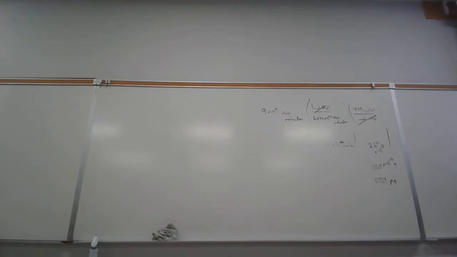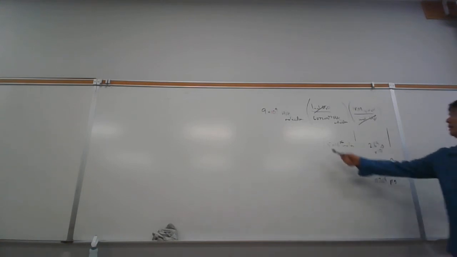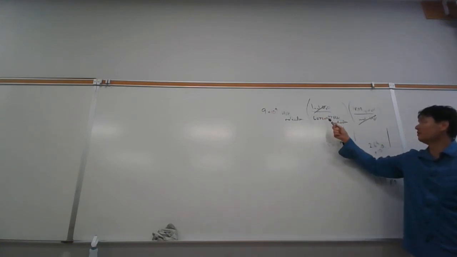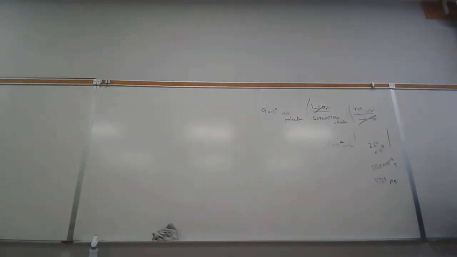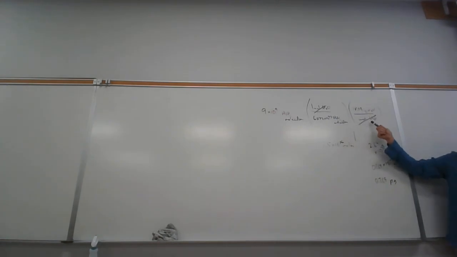And so what we just did was we took the quantity in number of particles and converted that to moles using Avogadro's number. This is the abbreviation for Avogadro's number, N sub A. And we got moles. Then we took the moles and converted it into mass in grams, using what we call the molar mass.